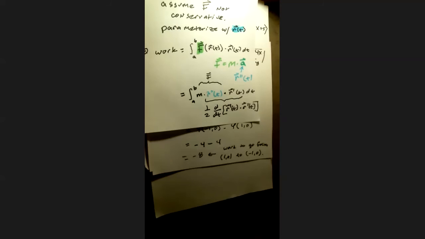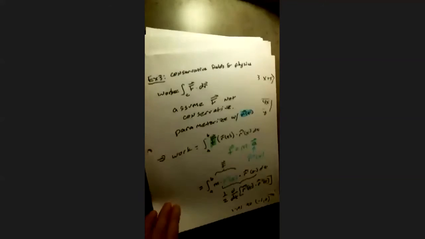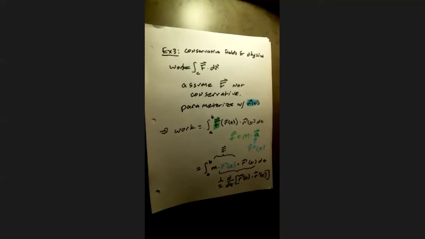Very good. So let's continue to keep going. We have that the work is equal to 1/2 the integral from a to b, and I can pull the m out front as well.